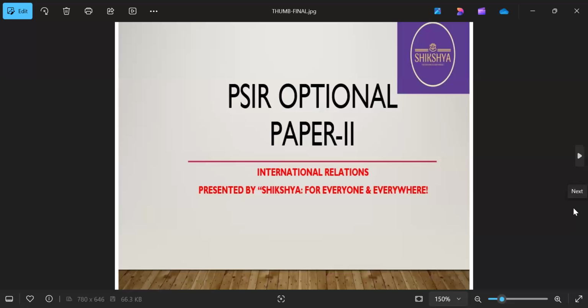Now, here the key term is that foreign policy is followed by a sovereign country, for example, a sovereign country like India. India has a foreign policy, right? Why is India having a foreign policy? Because it is trying to achieve the national interest.